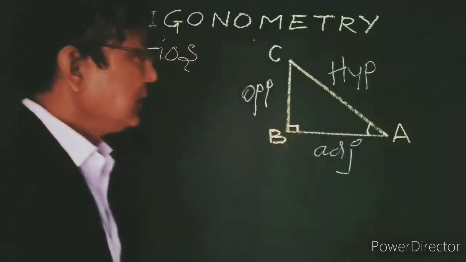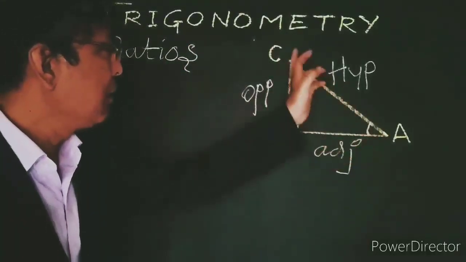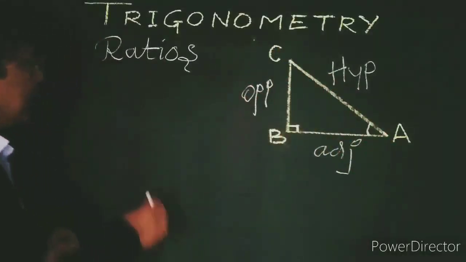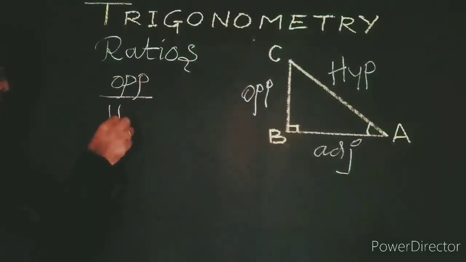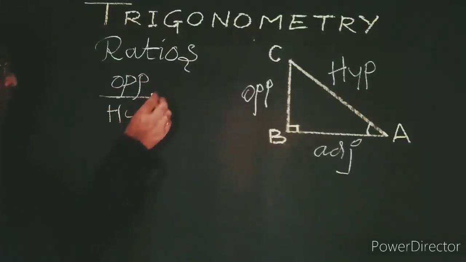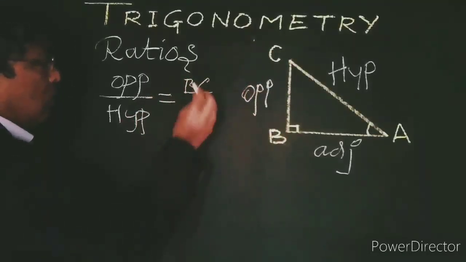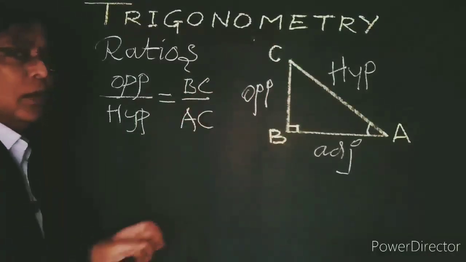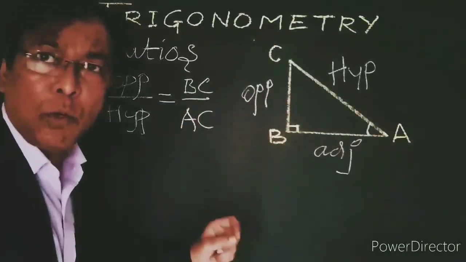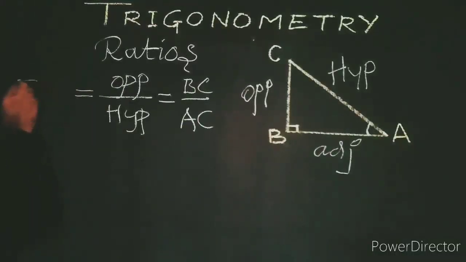Now let us see what happens if we divide the opposite side by the hypotenuse. Opposite side, I write in short, by hypotenuse. What is the opposite side? BC. What is the hypotenuse? AC. So this ratio is called the sine ratio.